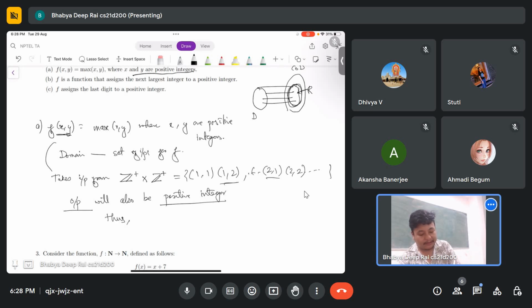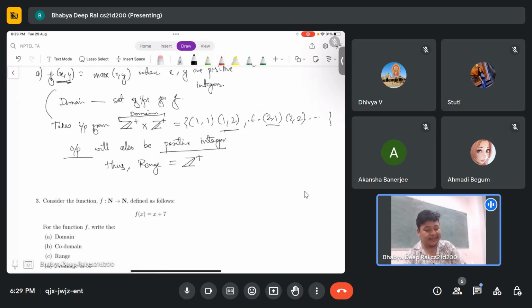Thus, this is your domain. The range of the function f equals the set of positive integers. You can see it this way: for example, max of 1 comma 2 equals 2, max of 3 comma 4 equals 4, max of 3 comma 3 equals 3, and so on.